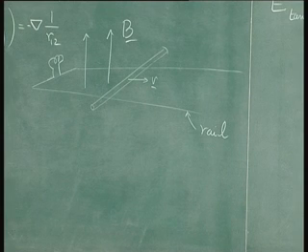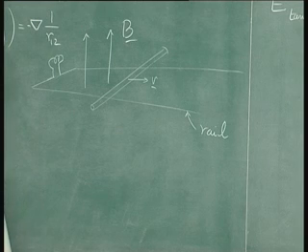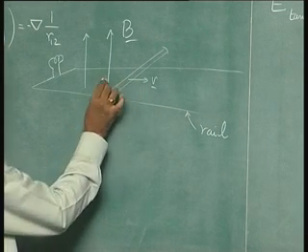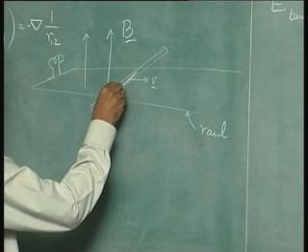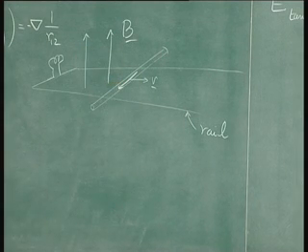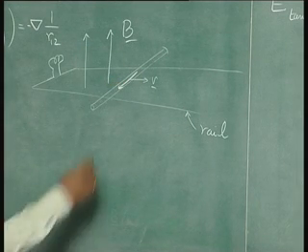How much is that electric field? The original electric field was 0, the new electric field is this v cross this B, and with a minus sign. So, the new electric field is in this direction, E'.